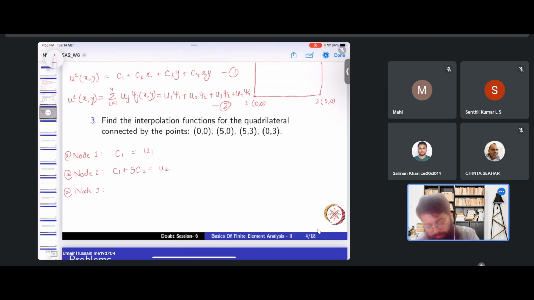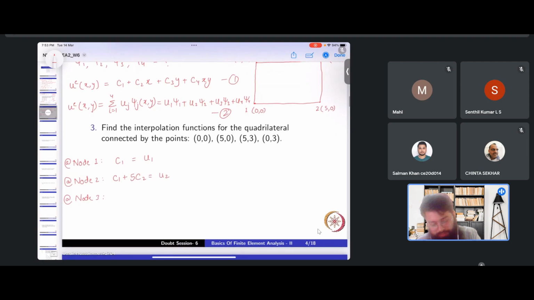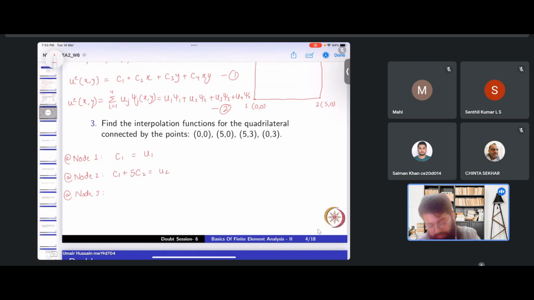Again at node 3, we have x equals 5 and y equals 3. So using equation 1 we have c1 plus, no, sorry, x is not equal to 0, my bad. We have 5c2, then we have 3c3, and we have 15c4.